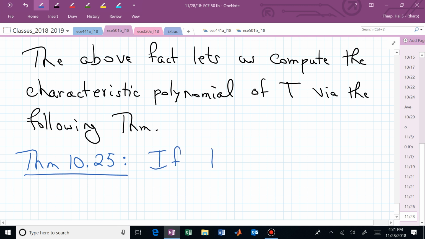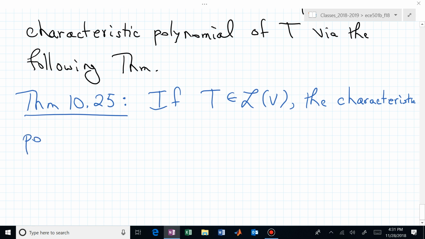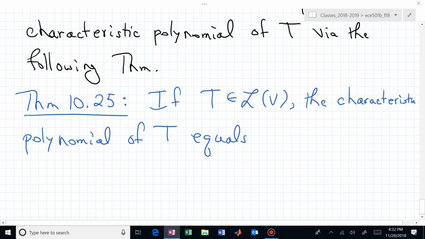If we have an operator T on this vector space V, the characteristic polynomial of T in fact equals the determinant of zI minus T. That's the theorem.